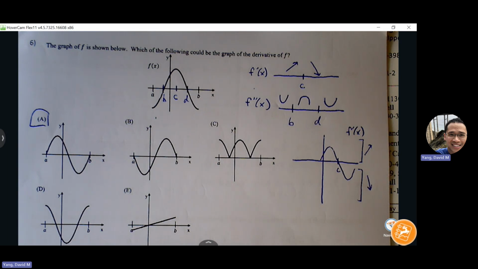But I also gathered information about points of inflection. So I know that points B and D will be the peaks and valleys of my f prime graph. So concave up, positive slope, concave down, negative slope, concave up, positive slope. This is how I created my graph without looking at my answer choices. And with that, choice A matched best with the graph I created.